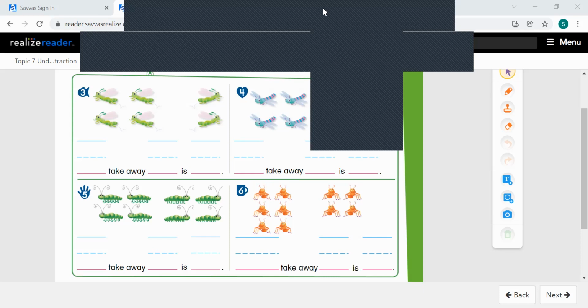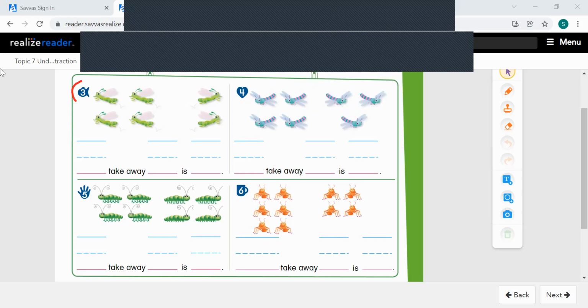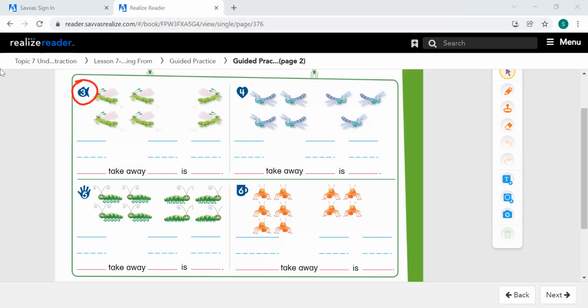Okay, let's do these problems together. We are on number 3. There are 6 grasshoppers on the table. So there's 6 in all. Let's write 6. 2 grasshoppers hop away. These 2 hop away.